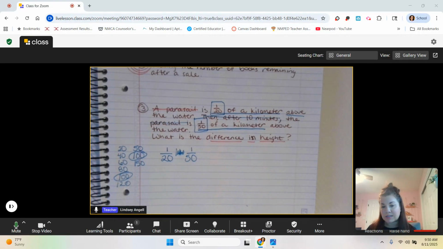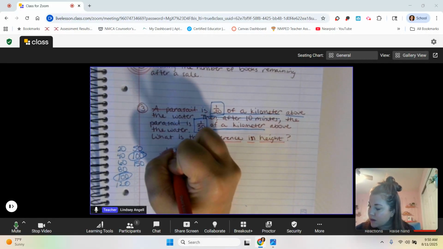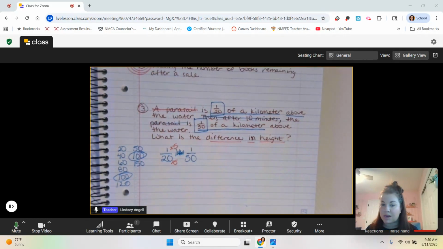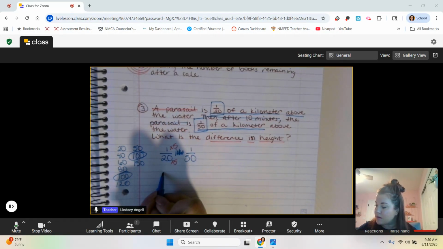Okay, so now I need to think to myself, all right, well, what can I multiply 20 by to get to 100? 5. Whatever I do to my denominator, I have to do to my numerator. So that's going to give me, let's see, 1 times 5 is 5. 20 times 5 is 100. Okay.